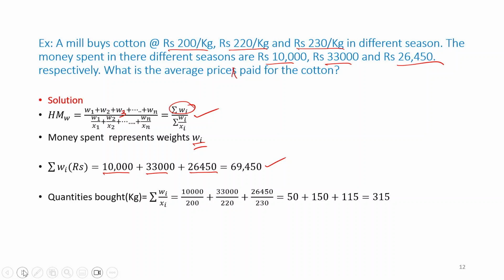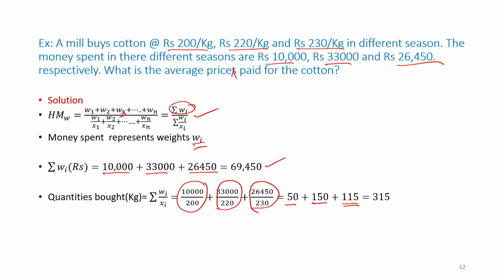For the cotton which was 200 per kg, the quantity was 10,000 by 200. The next was 33,000 by 220. And for the third, it was 26,450 by 230. That means 50 kg, 150 kg, and 115 kg.